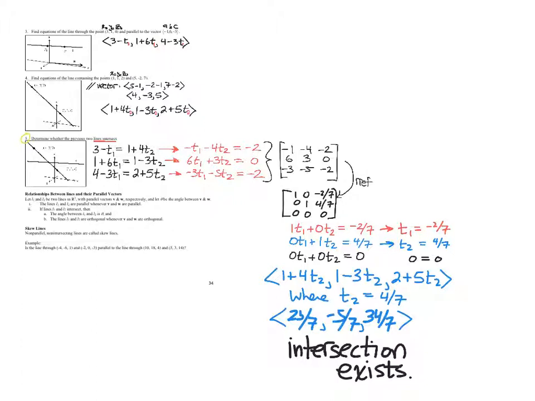Because it takes negative 2/7 in order for T1 to hit that intersection, and 4/7 for T2 to hit that intersection, right? So if you're designating 0 as the start of the clock, like you're standing there with a stopwatch, and cars are just driving by. You start the clock, negative 2/7 of a second prior to you starting the clock, this first car was already through the intersection, all right? 4/7 of a second after that, the second car was through the intersection, all right?